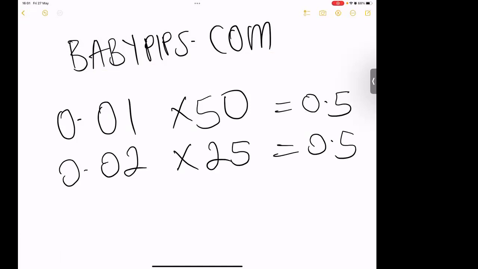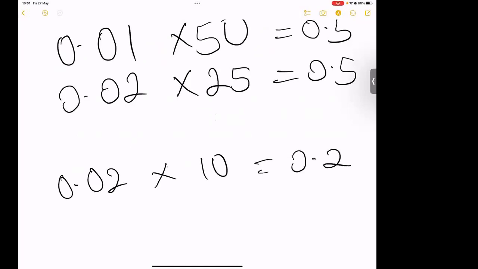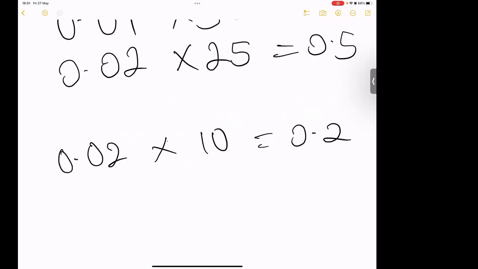What if we say we want to do 0.02 times 10 entries first? So 0.02 times 10 entries gives us what? 0.2. That's 0.2, or that's 2 mini lots. All right. So when we have this already in place, we are first going to stack up this.